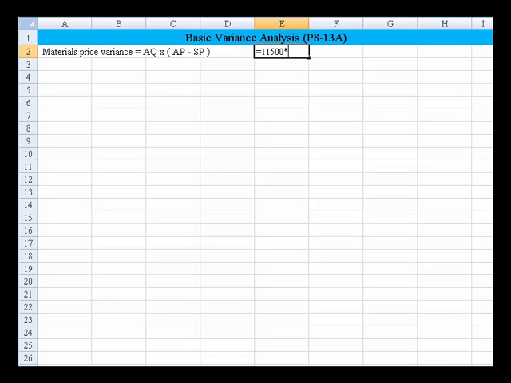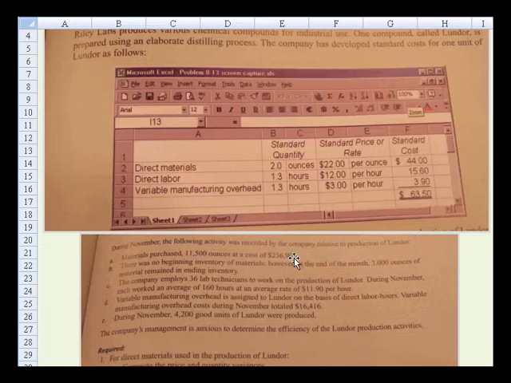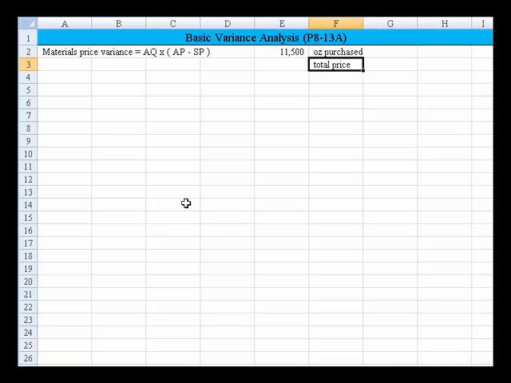11,500 times, and the actual price paid was, oh, we have to calculate that. Let's do it a little bit longhand then. So here we have ounces purchased, and the price we paid was equal to, let me get that number again, 236,900 was the total amount we paid.